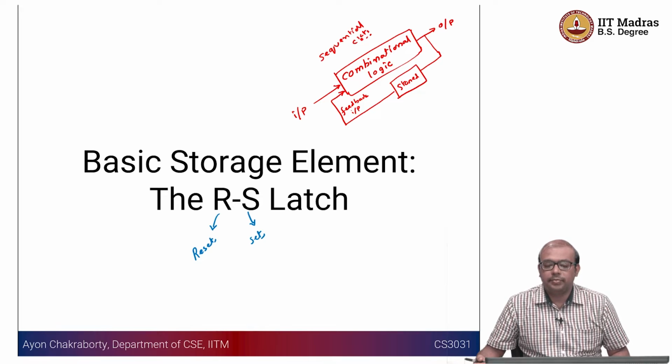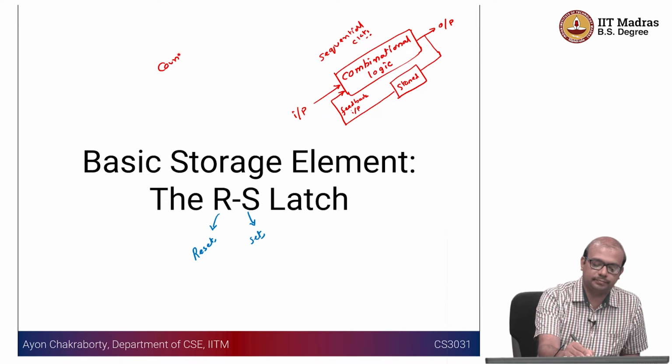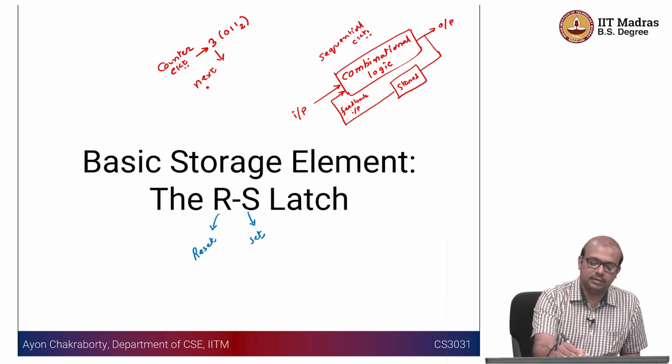And again it keeps on continuing to 7 and gets reset back to 0 and so on. So at any stage, if you ask me what is going to be the output at the next stage, I have to look at the output of the current stage. For example, if you have a counter circuit where your current output is, let's say, 3 or 0, 1, 1 in binary, the next output has to be 4.